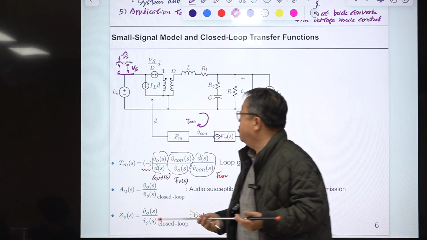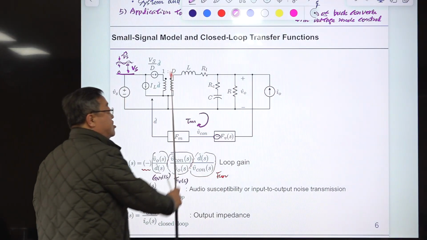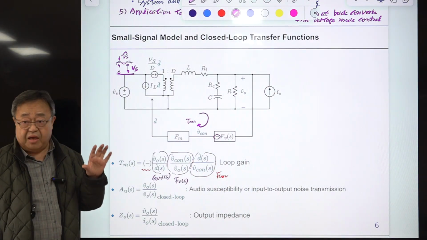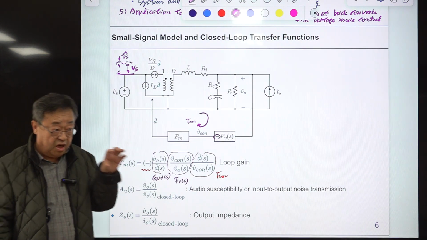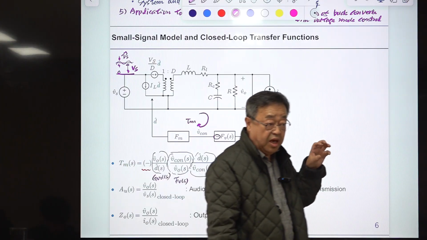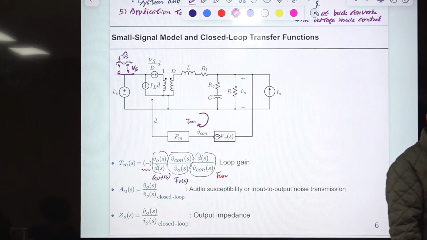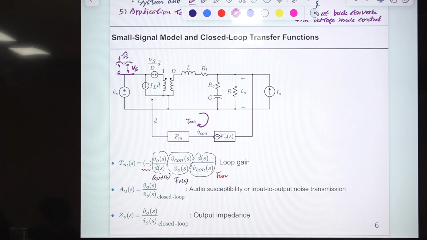In this converter, there are many magnetic components. The inductor is a magnetic component, the transformer is a magnetic component, and the magnetic component is excited at the switching frequency, turned on and turned off periodically. It generates some noise one can hear, like zzz. So in the past, all power supplies generated that kind of noise.